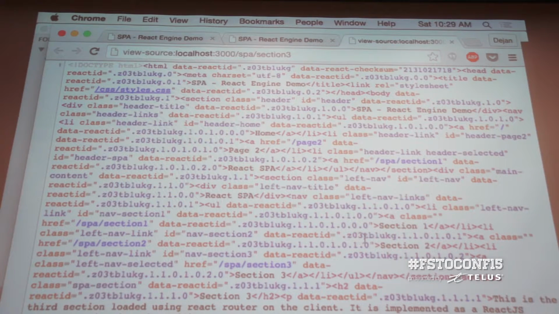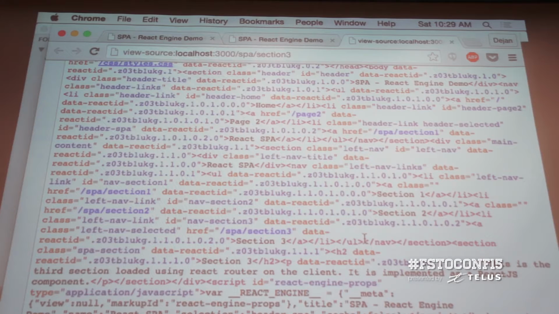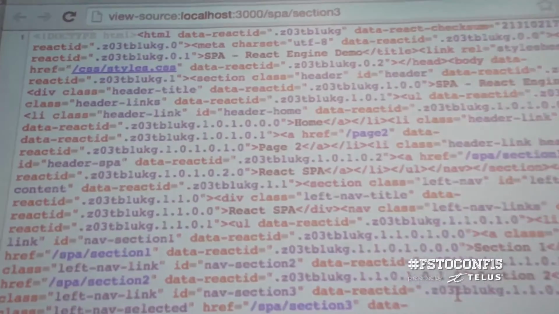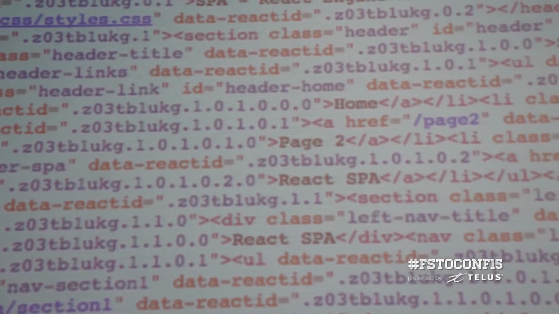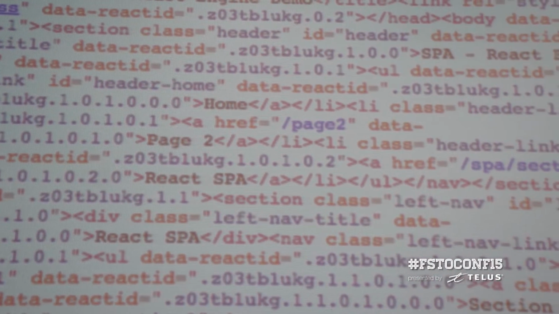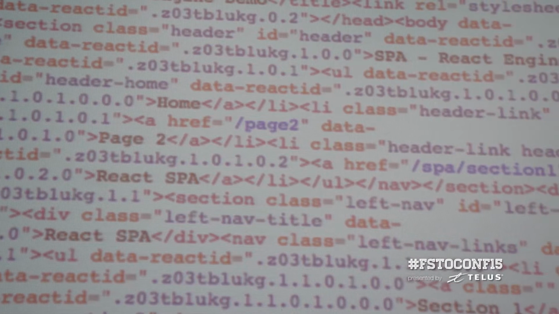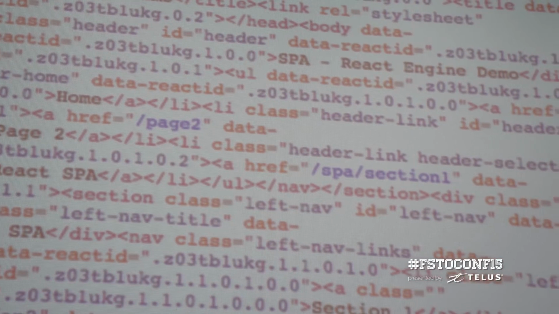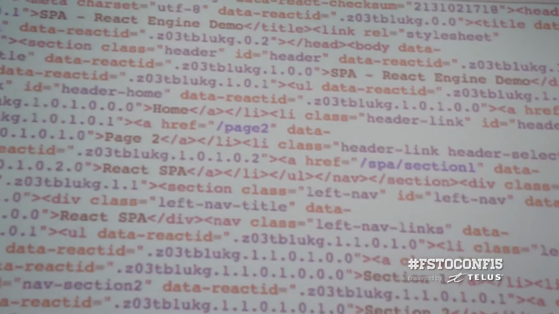It actually renders stuff on the server. All these sort of horrible things, the data React ID that you can see inside, that's React adding sort of revisions of those nodes so that it knows when they changed and which one changed. There's a checksum at the top. So all these things allow React to take the code you render on the server, mount onto it and continue without the need to redo it over on the client.